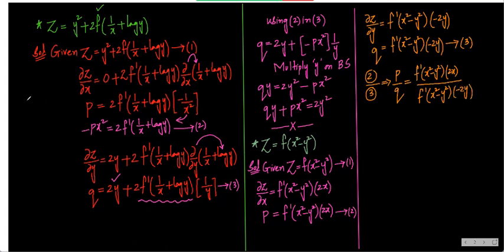Now look at how many terms are cancelled. This 2 cancels with this 2, and this entire value is cancelled. So p by q is equal to minus x by y.